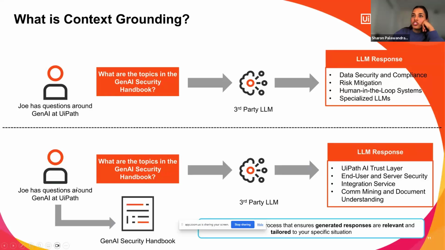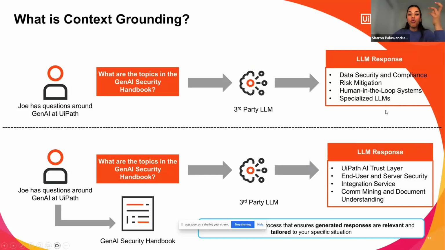But if Joe has questions around Gen AI at UiPath, and then that model has the Gen AI security handbook trained, this third-party LLM is now not unsupervised learning. It has been trained with the Generative AI Security Handbook at UiPath. Now, because of that, you are no longer going to get generic responses.